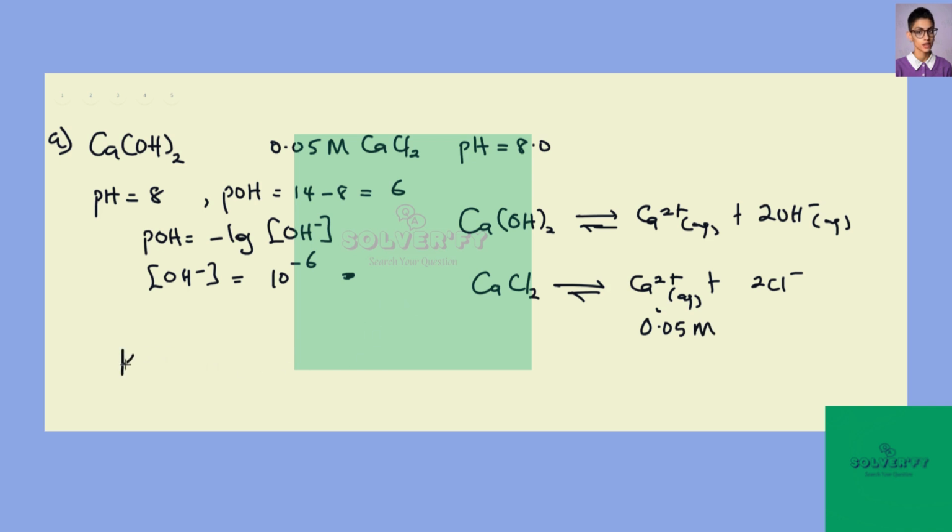So the KSP of calcium hydroxide will be 0.05, which is the concentration of the calcium ion, multiplied by the concentration of OH, which is 10 raised to the power minus 6. But because this is 2, we're going to square it, right?